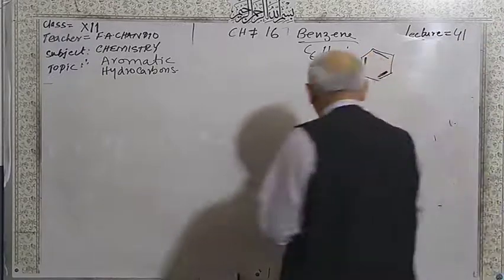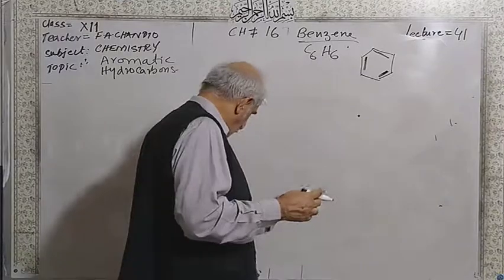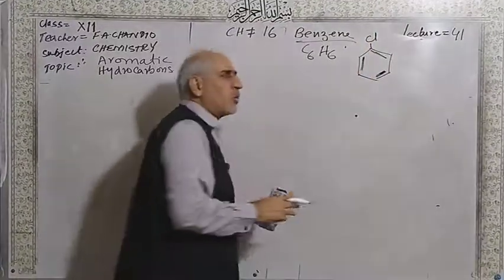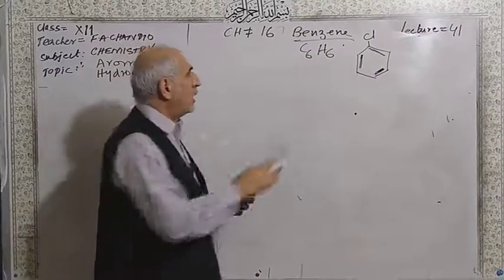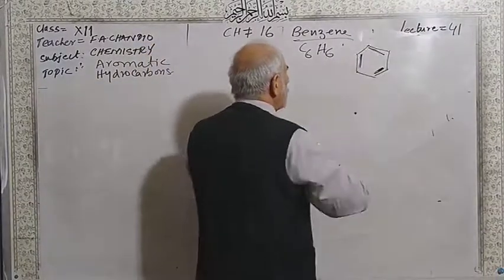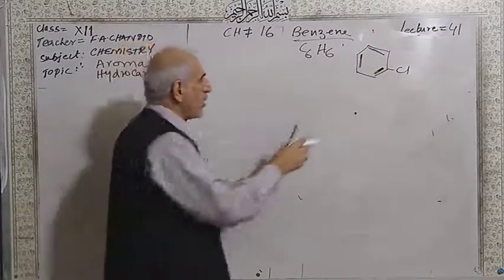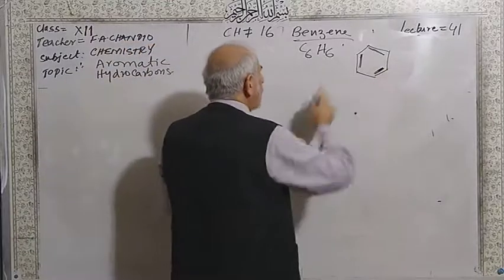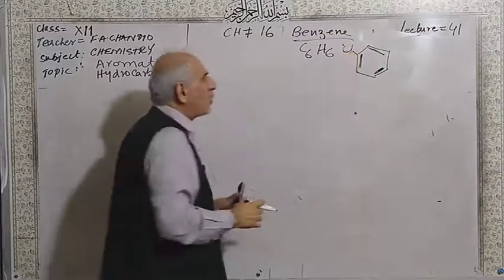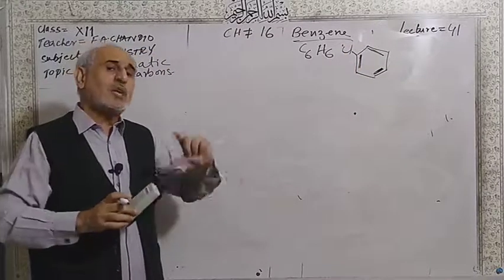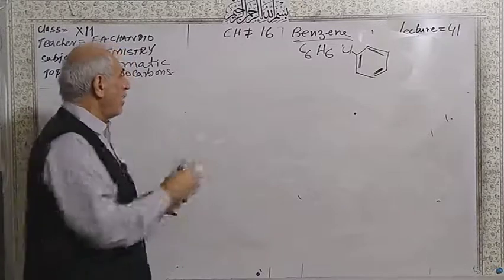I'll give you an example. If you put chlorine here, this is called chlorobenzene. If you put chlorine here, this is also called chlorobenzene, no difference. If you put chlorine here, this is also called chlorobenzene, no difference. This is called mono substitution.